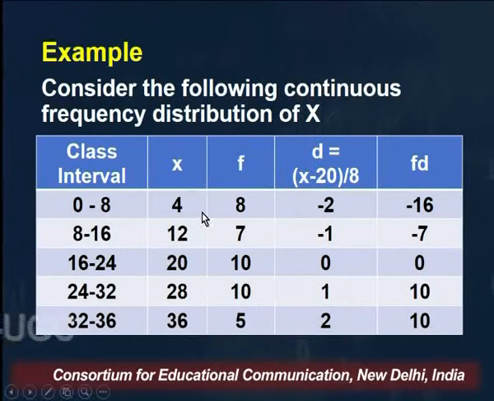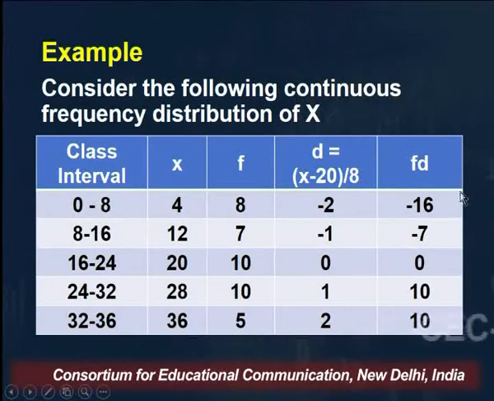So I look at this 4. I subtract 4 minus 20 upon 8. 4 minus 20 is minus 16, upon 8 is minus 2. Similarly 12 minus 20 upon 8 is minus 1. 20 minus 20 upon 8 is 0, 28 minus 20 upon 8 is 1, and 36 minus 20 upon 8 is 2.